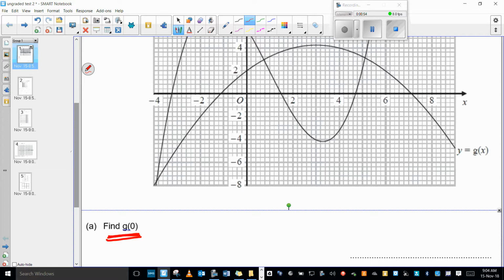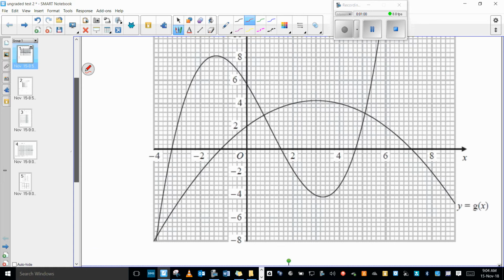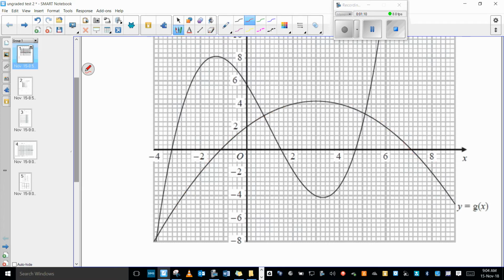So we're saying that the value of x is 0. We look on a graph, we're looking at the g function, which is this one. Okay, so that's the one we're looking at. We're seeing what is the value of that graph when x is 0.